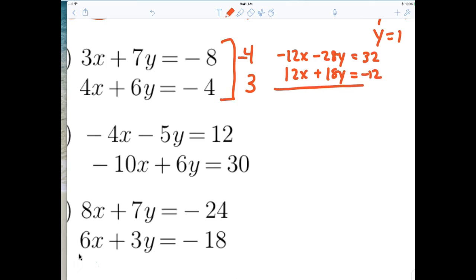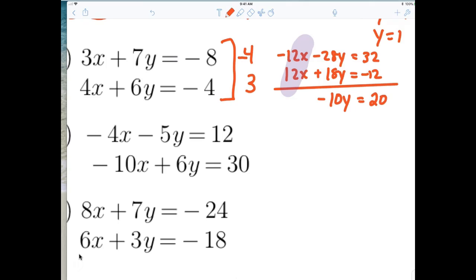Beautiful. All right. So now what do I have? And then the 12, you get 10y. What do I get? Oh yeah, no, negative 10y. Equals what?